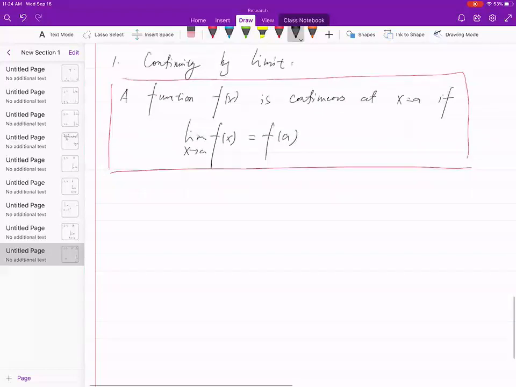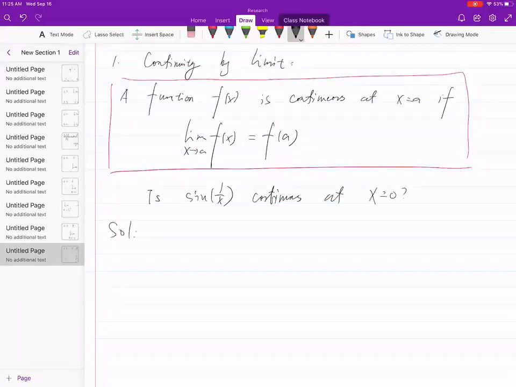Okay. Well, is this one continuous? Now the answer becomes, let's just check this. And let's check this.